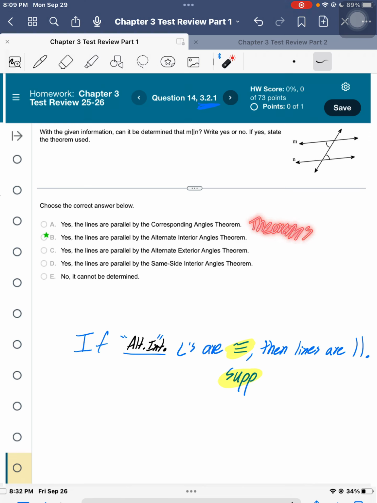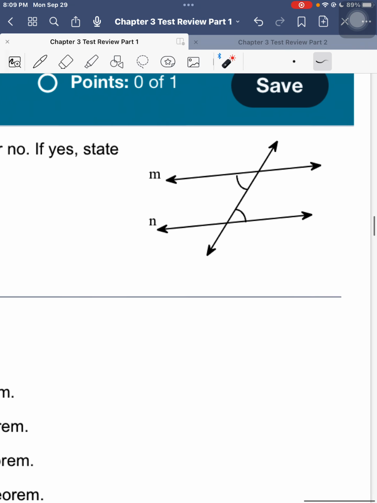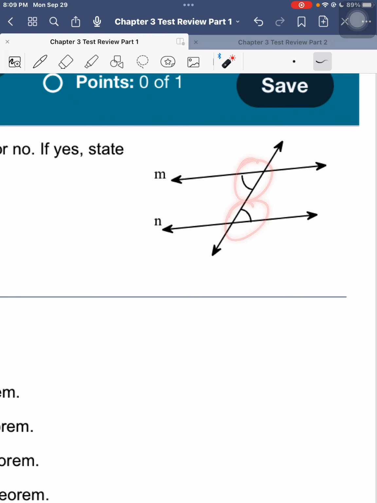So right now on 3.2, we're only focused on theorems. In other words, we're going to be given our angles, and we want to find if the lines are parallel. So let's look at that.